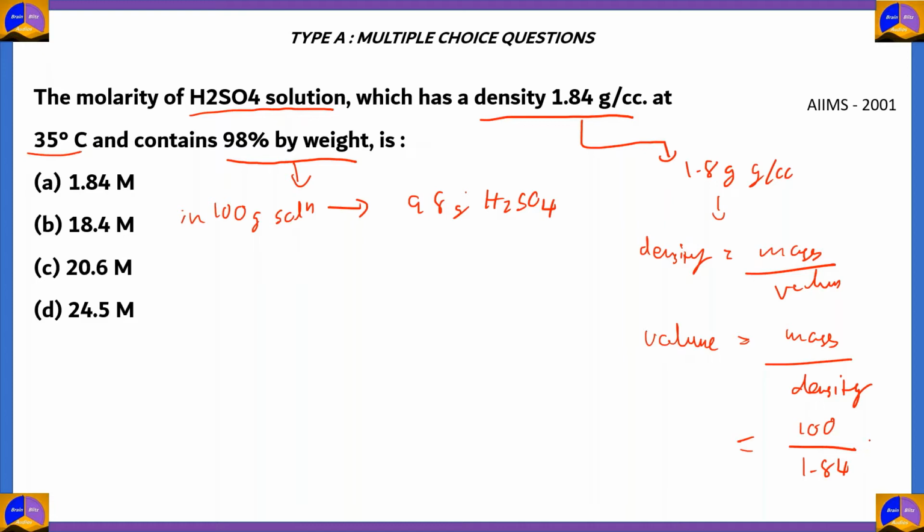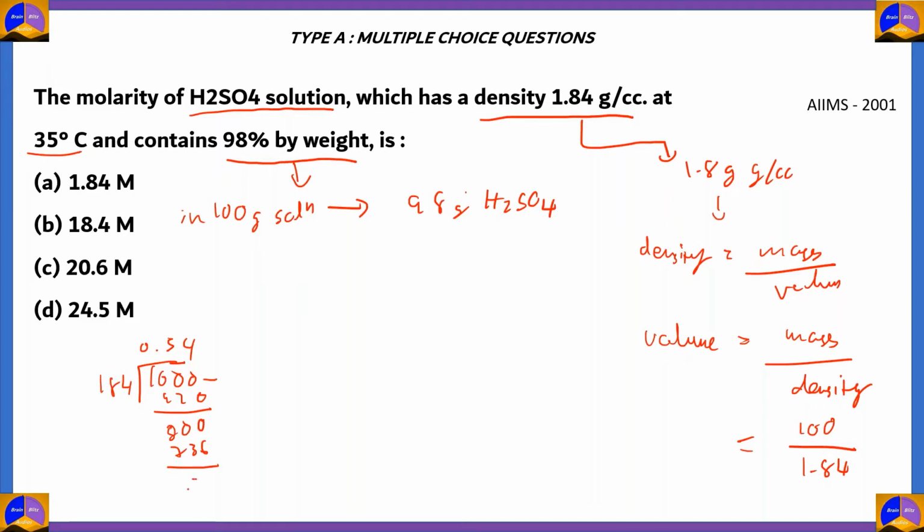We can divide it like this: 100 divided by 184, and we can then do the decimals later.